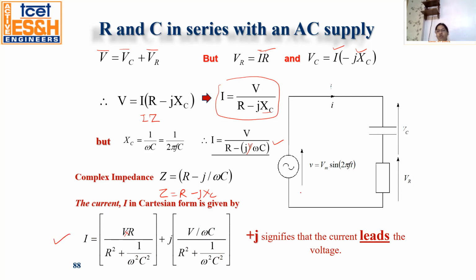So this is one more formula for the current. You can directly calculate it from this, and plus j here represents that the current is leading. So this is the main thing, current is leading.